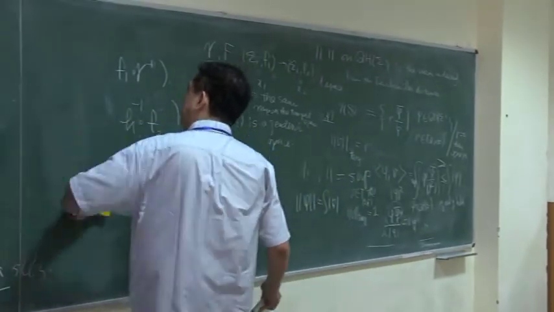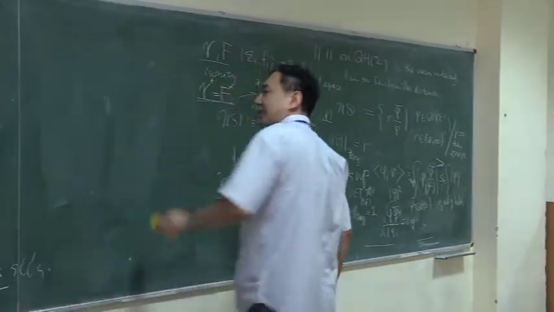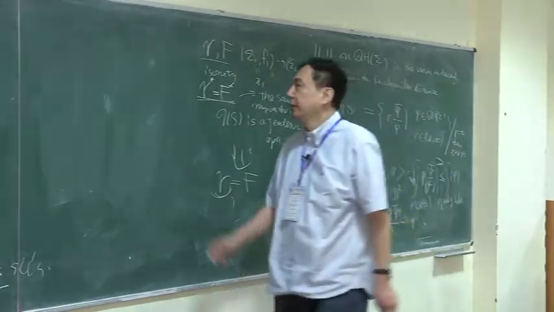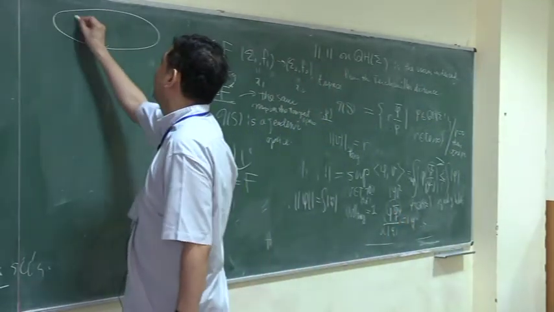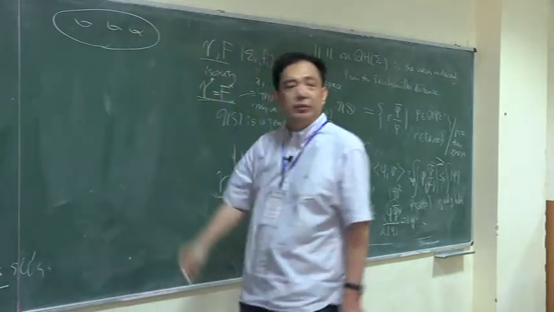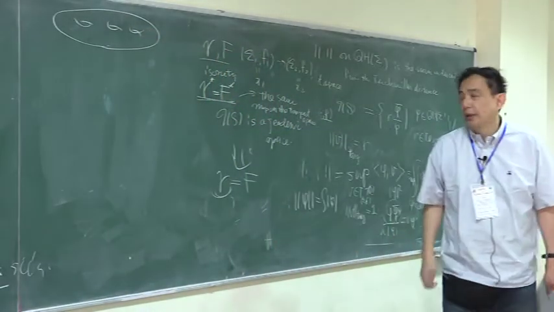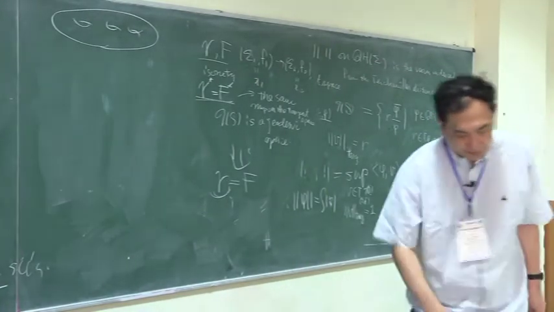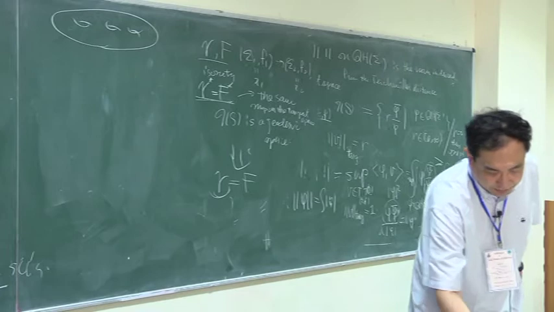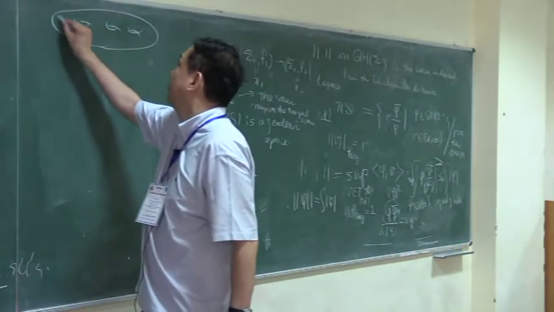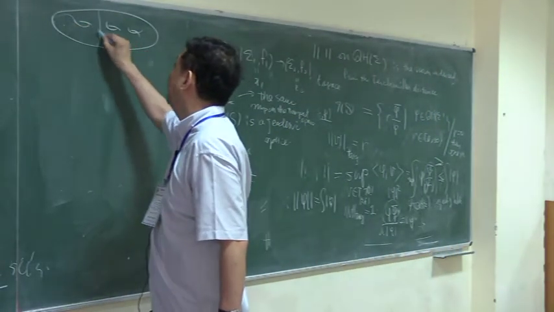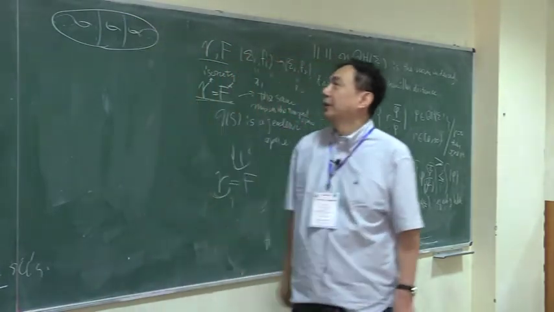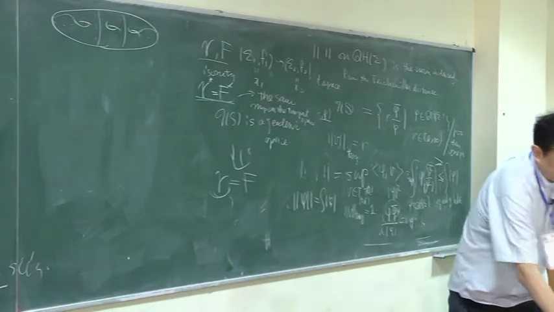Let me draw some picture to help your understanding of the definition. So for instance, you consider a genus 3 surface and consider simple closed curves like this. So you have one here, one here, one here, one here. So they are disjoint. Okay?